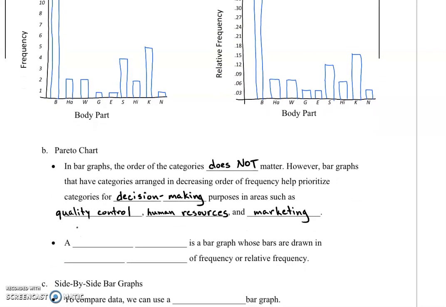So what exactly makes a Pareto chart different from a frequency or a relative frequency bar graph? Well, a Pareto chart is a bar graph whose bars are drawn in decreasing order of frequency or relative frequency.